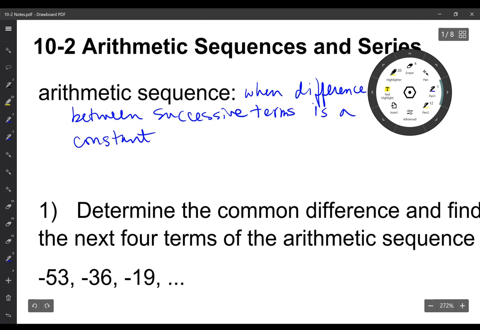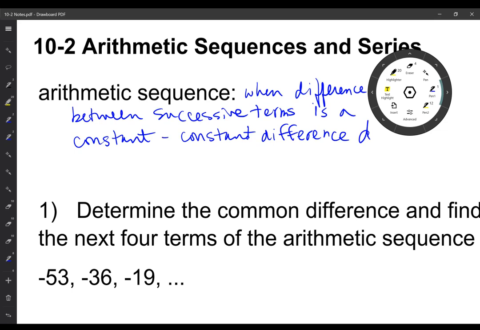And this is called the constant difference. And the letter we use for that is D. So basically this would be like your linear kind of thing, right? We have that constant slope, we have a constant difference.